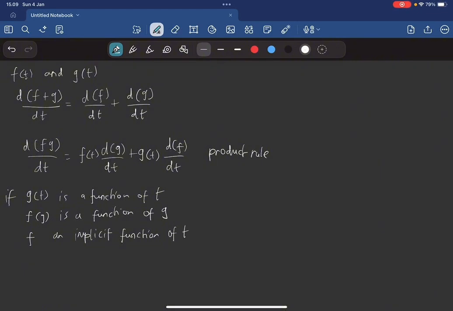If you want to know what f is for some t, you first compute g(t). Then knowing g, you compute f(g). It's easy to calculate the t derivative of f.